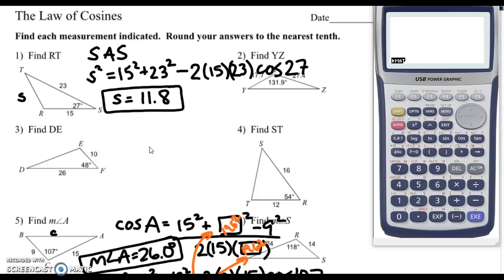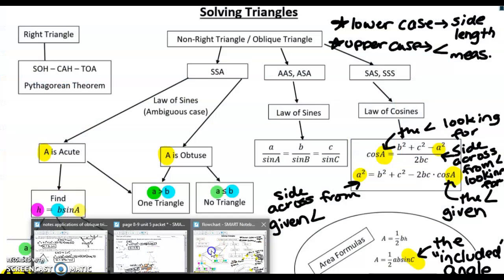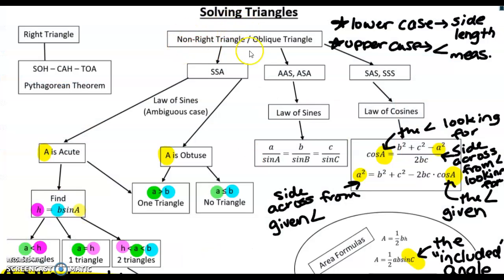But the law of cosines is pretty straightforward. We're going to use it if we are given an oblique or non-right triangle where we know the side, angle, and side. So we have an SAS triangle or an SSS triangle. There are no ambiguous cases with the law of cosines, so it's pretty easy to apply.